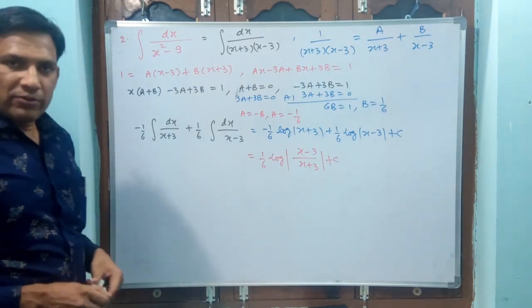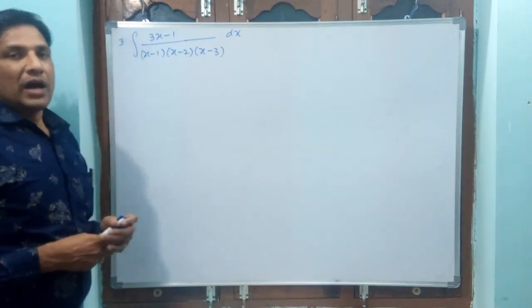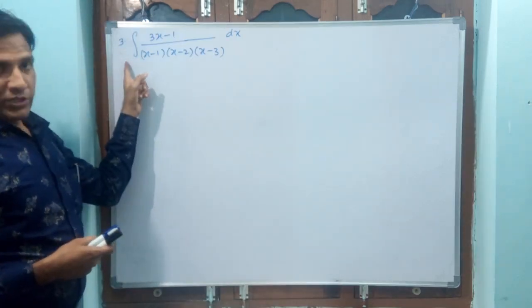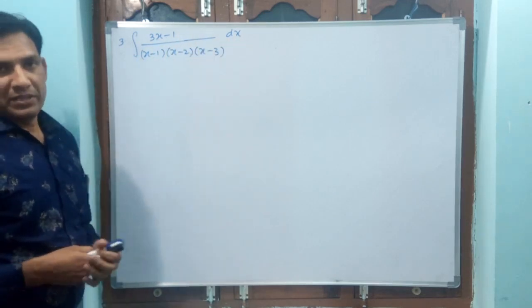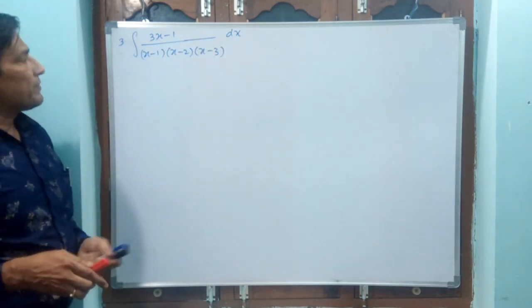Take this, we will go for the third question. Okay, see the third question. Integral 3x minus 1 dx by x minus 1 into x minus 2 into x minus 3. This also you have to make by partial fractions. How?